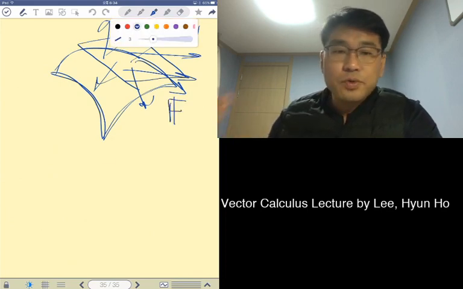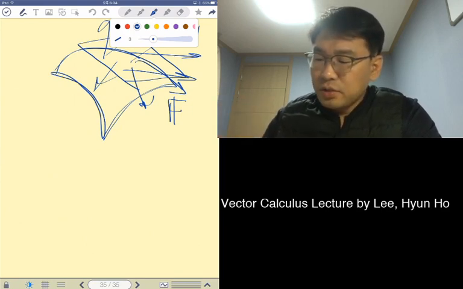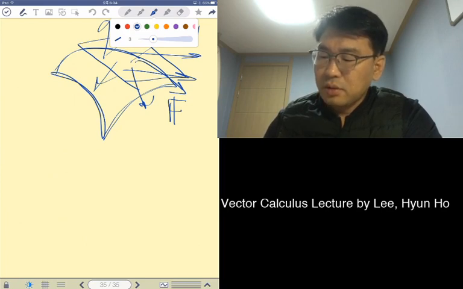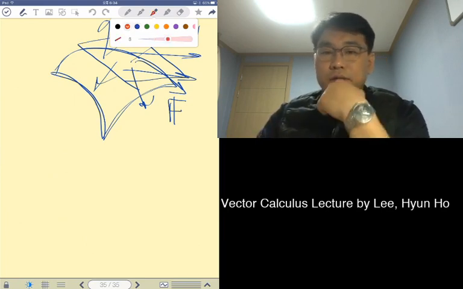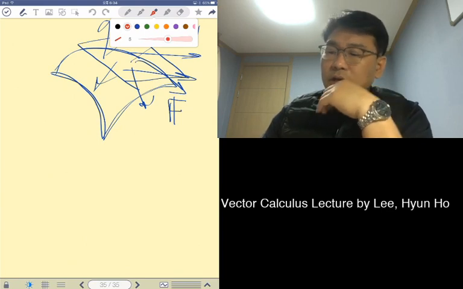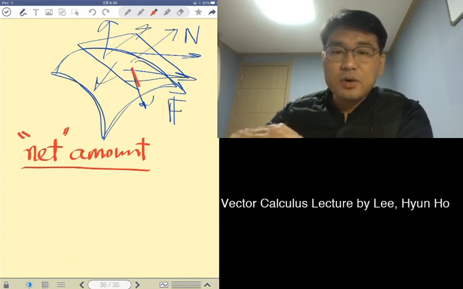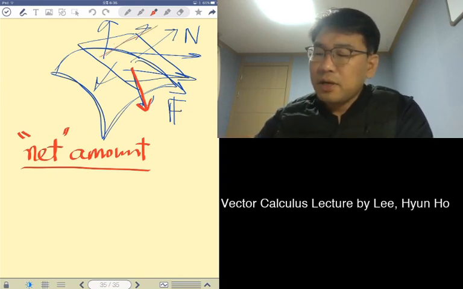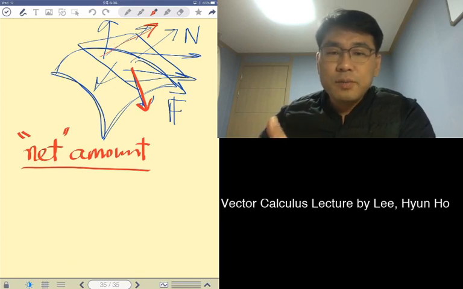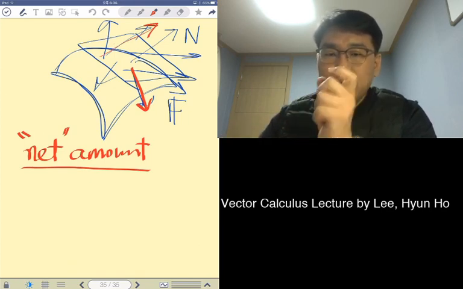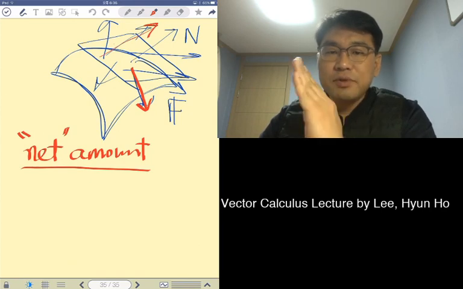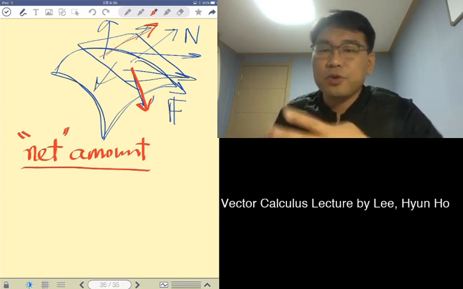So what we need to compute is the net amount. You see, the fluid flows in this direction. This does not go out, right? Not every component contributes, but only the component which is in the same direction as the normal is flowing out, right?